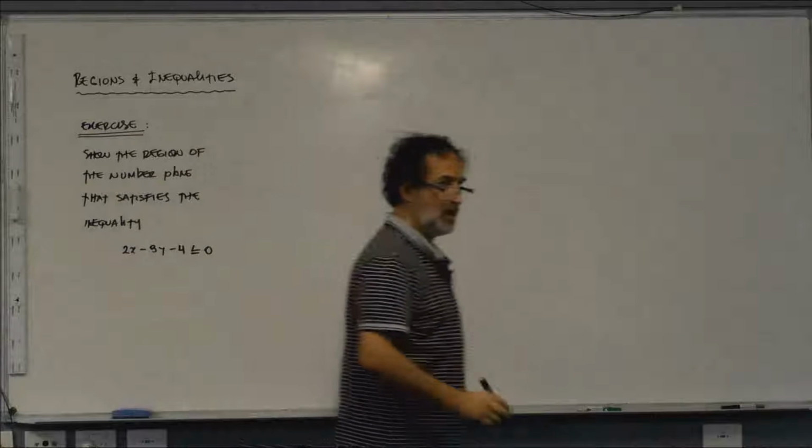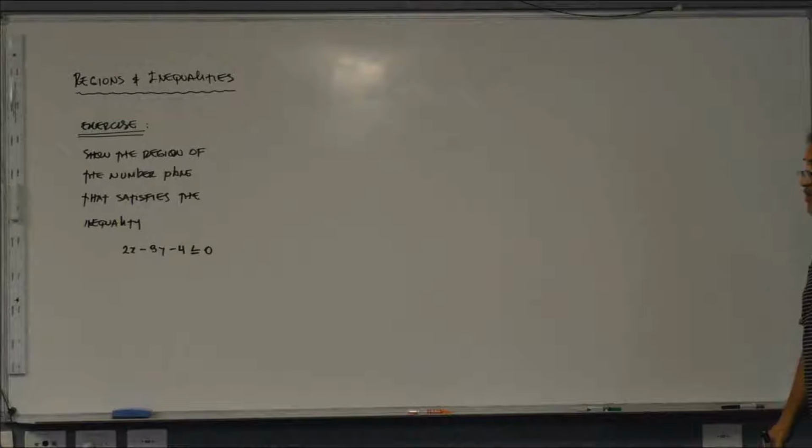Okay, let's say that you have that question there. Show the region of the number plane that satisfies the inequality 2x minus 3y minus 4 less than and equal to 0.